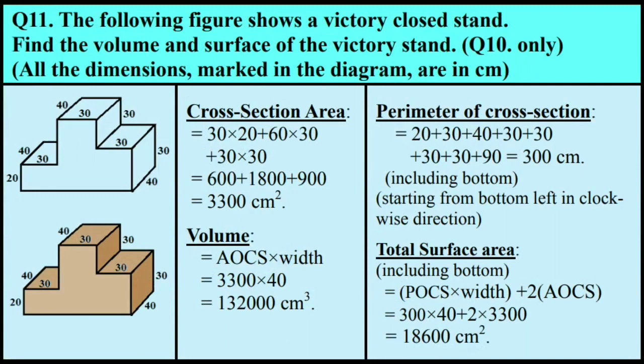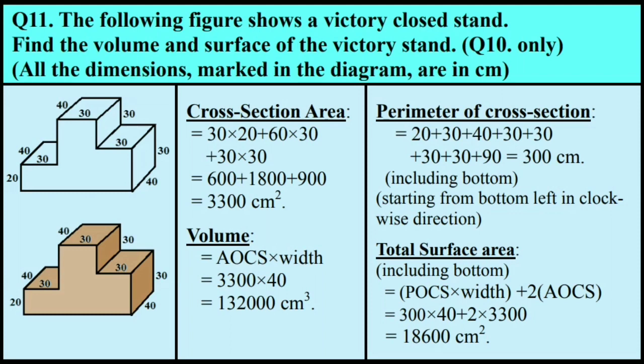Question number 11. This in fact is exactly question number 10, but here the difference between question number 10 and 11 is that there the bottom was open and here the bottom is closed. So for the perimeter of cross section, the bottom length should also be added and the rest of the things will remain the same.